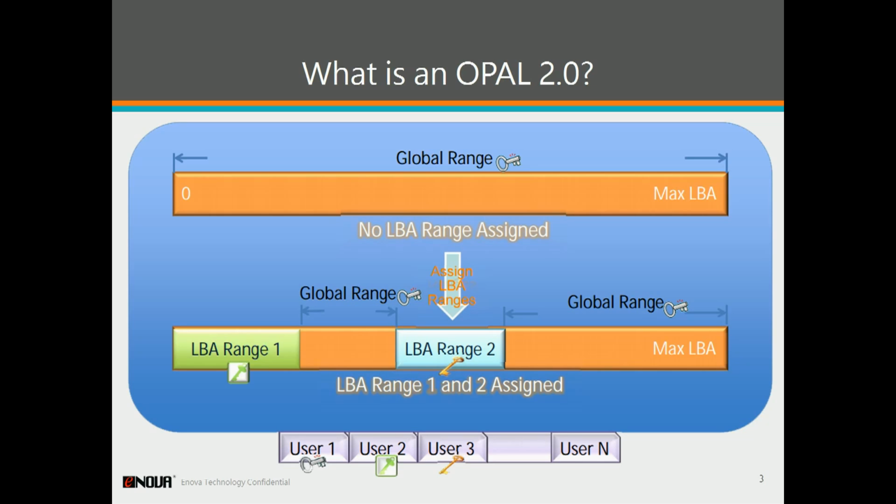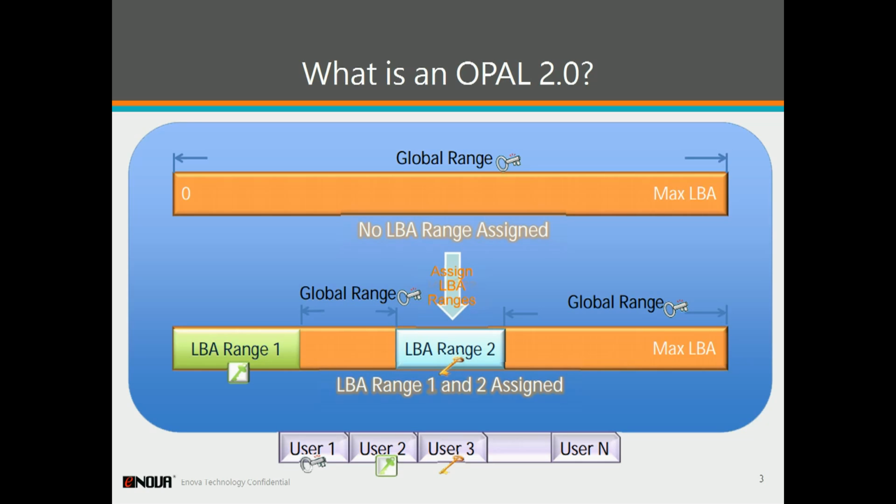So that user 1 to user number 8 can possess a different key to unlock the data. So the entire OPAL 2.0 technology is about creating a particular user's range based on an LBA, and then assigning those LBA with a unique secret key for a user to operate.